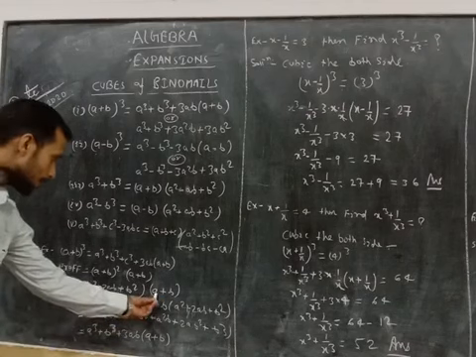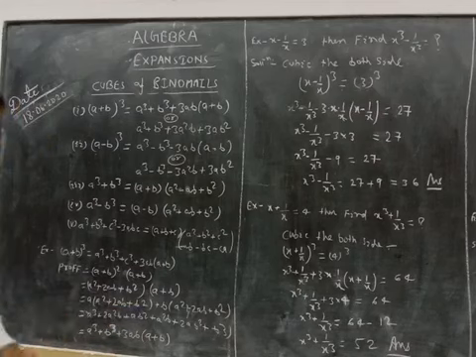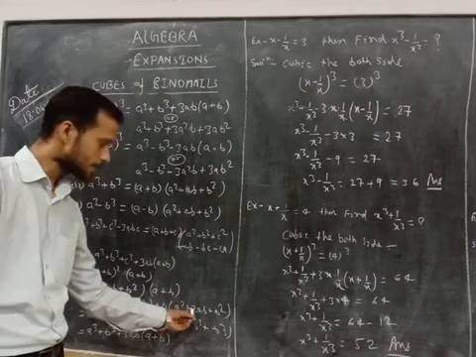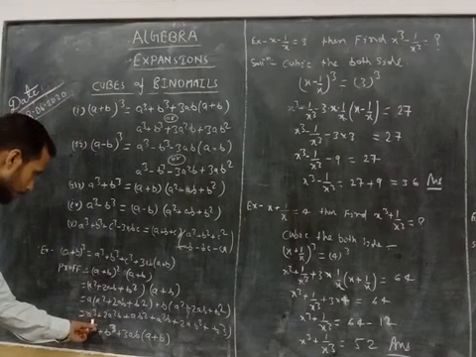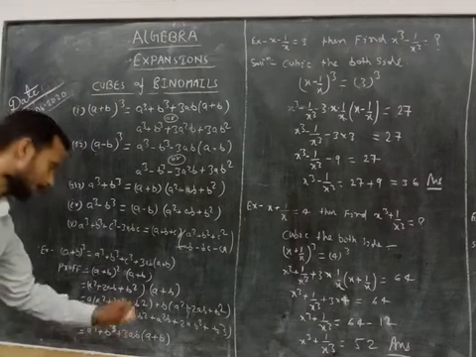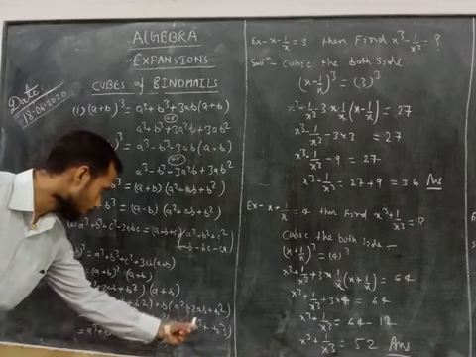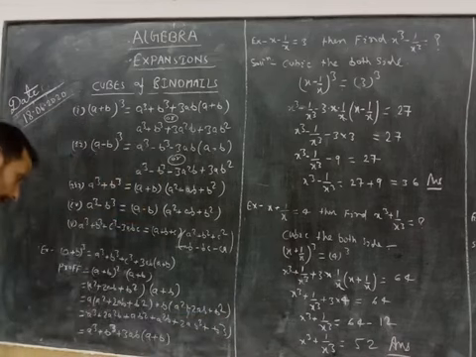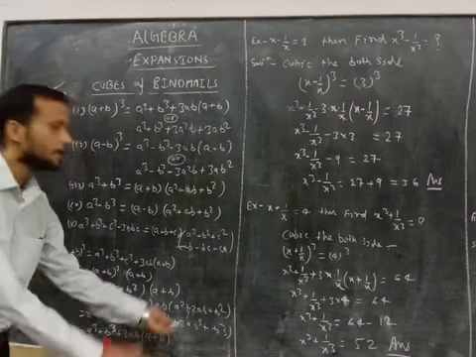Multiplying a into all the terms a square plus b square plus 2ab, and again multiplying b into all the terms a square plus 2ab plus b square, we get a cube, 2a square b, a b square, a square b, 2ab square and b cube. Rearranging, a cube plus b cube plus 3ab into (a plus b) is obtained.